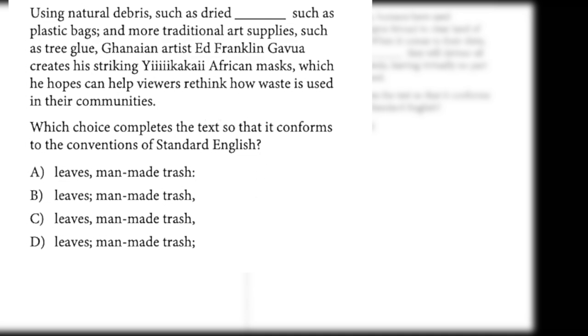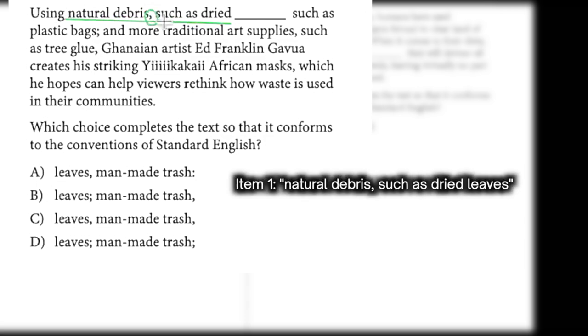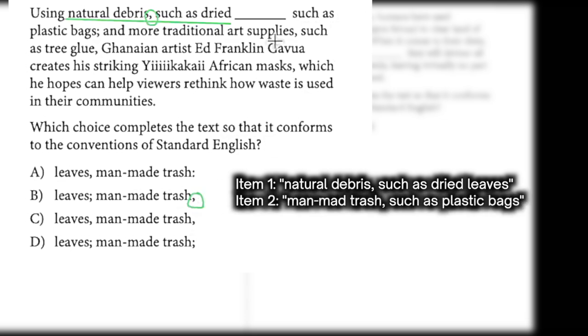Usually, the additional punctuation is more commas. So we can see here we have natural debris such as dried leaves. So that's the first item in our list, and there's a comma that is a part of that item. Man-made trash such as plastic bags, comma, which is part of that item.